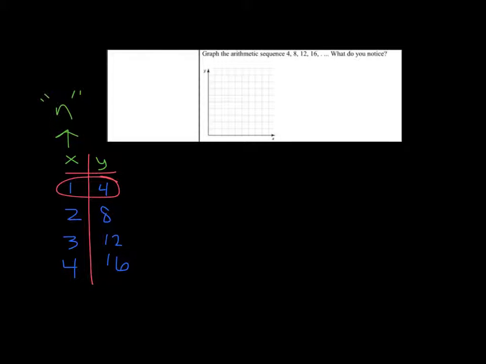Okay? So on my coordinate plane here, I am going to go by 1s on the x-axis, but I'm going to go by 4s on the y. So this is 4. Okay? So now I can graph. So 1 was paired with 4, 2 was paired with 8, 3 was paired with 12, and 4 was paired with 16.